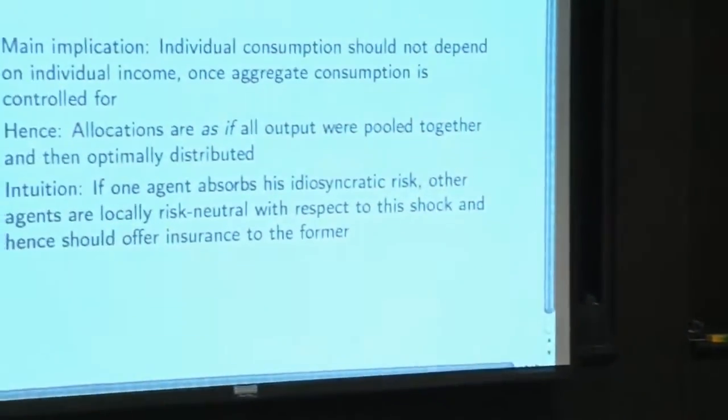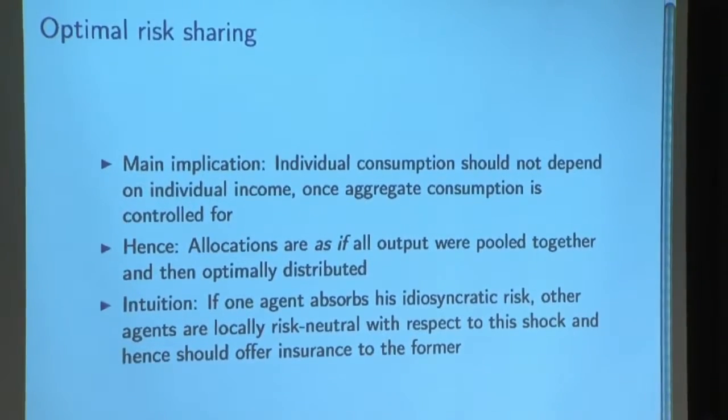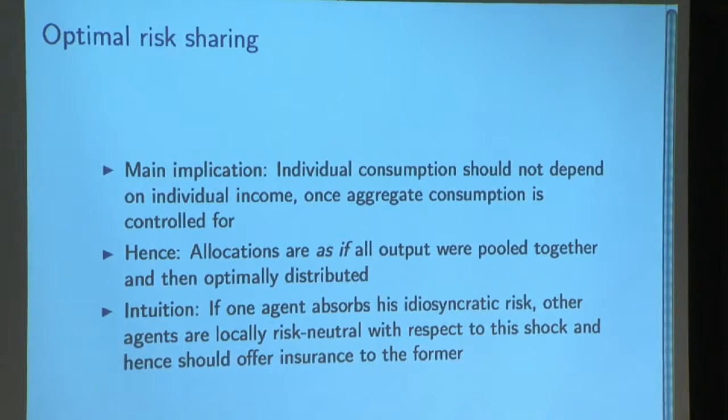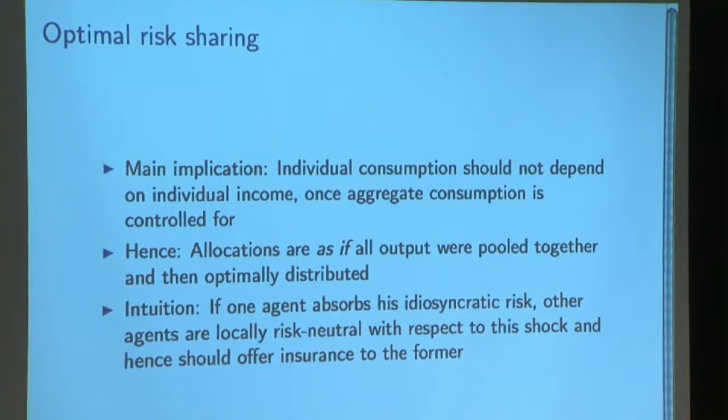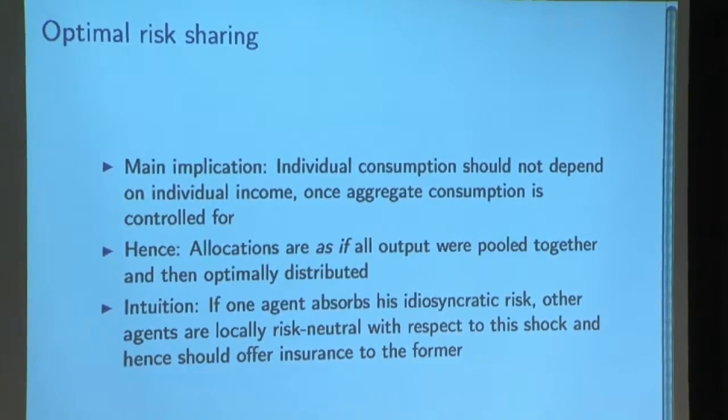You don't need to take a stand on any of that if you're just going to look at the outcomes. So the idea is individual consumption should actually not depend on individual income, stunningly, once you control for aggregate consumption.